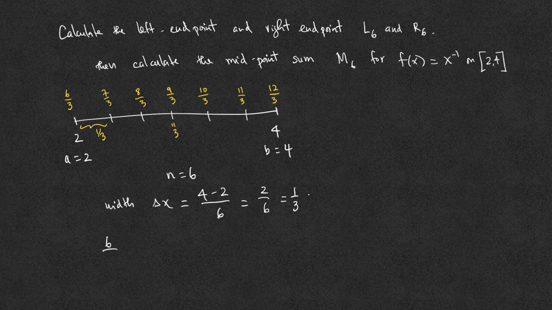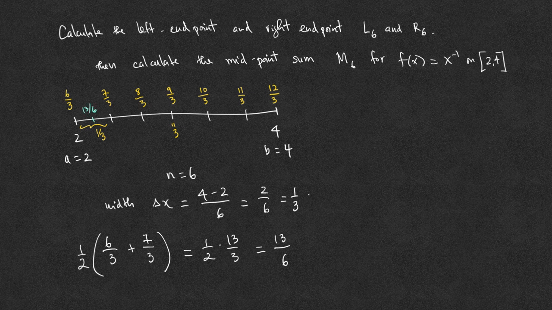Taking the left endpoint of the first interval, 6 over 3, add it to the right endpoint of the first interval, 7 over 3, and take half of it to find the midpoint. This is a half of 13 over 3, which is 13 over 6. The first midpoint is therefore 13 over 6.